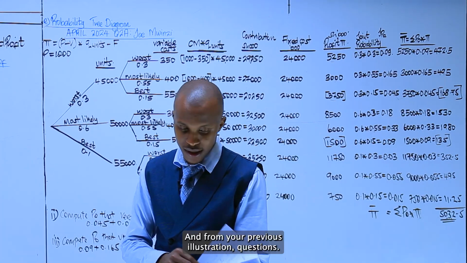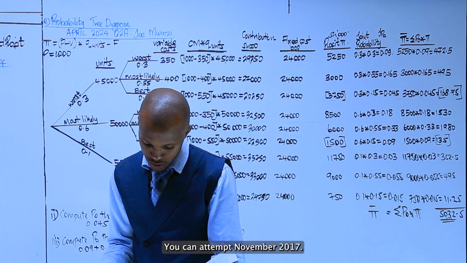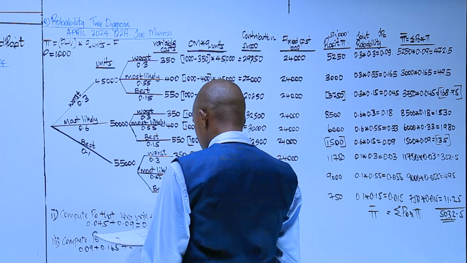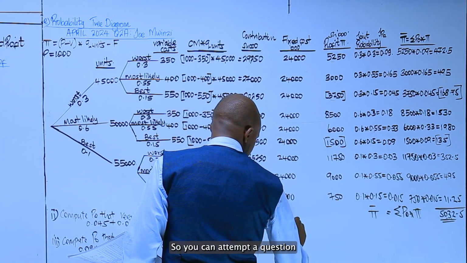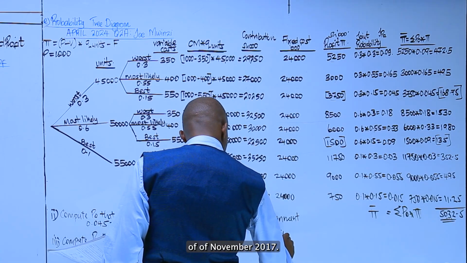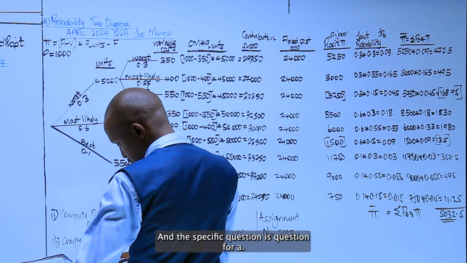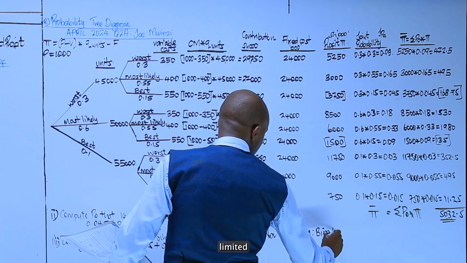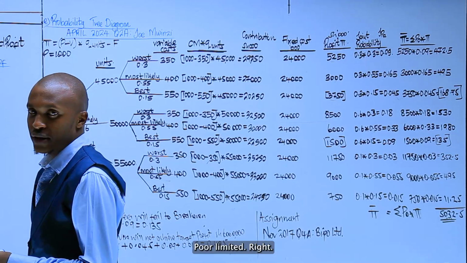From your previous illustration questions, you can attempt November 2017. This is your assignment, your homework. The specific question is question 4A, BPO Limited.